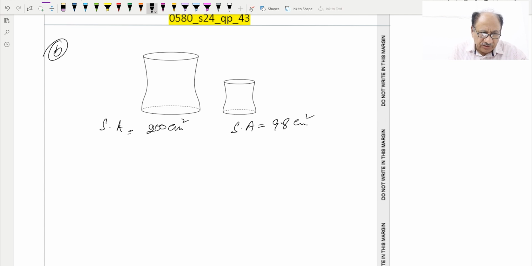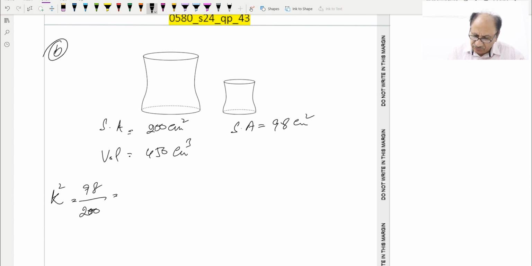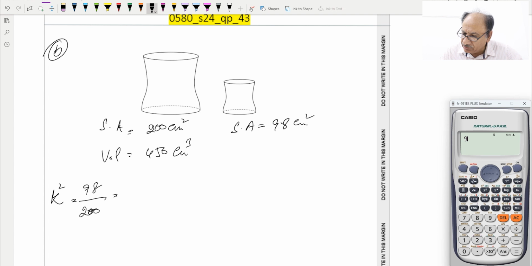Now these two areas are given, and the volume of the larger solid is 450 centimeter cube, and we need to check the ratio. For surface area we are taking the constant squared, so we check 98 divided by 200, which will be 0.49.